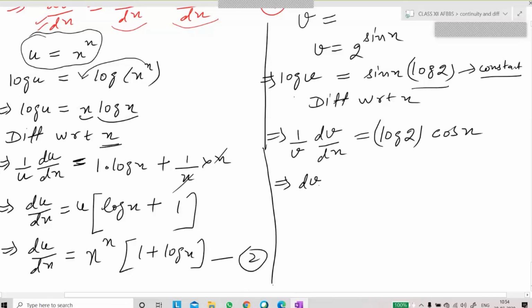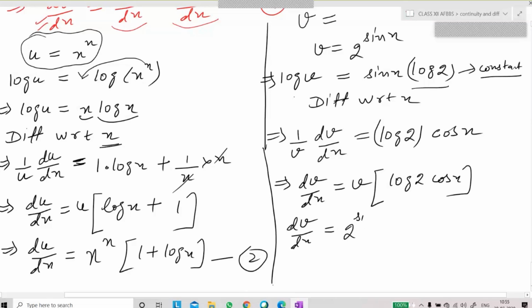So we will have dv by dx to be v into log 2 cos x. Now in the last step, we will substitute the value of v, which is 2 raised to the power sin x into log 2 cos x. Note it down. फिर मैं scroll down करके dy by dx लिखूंगी.